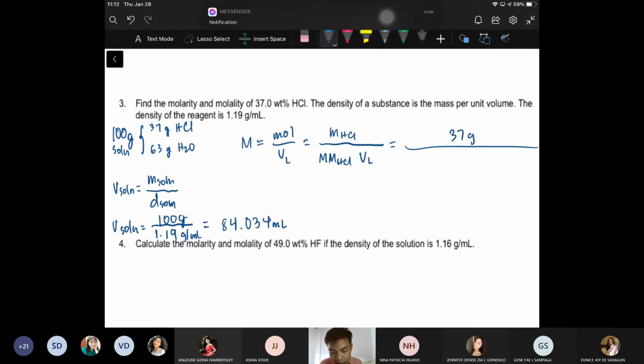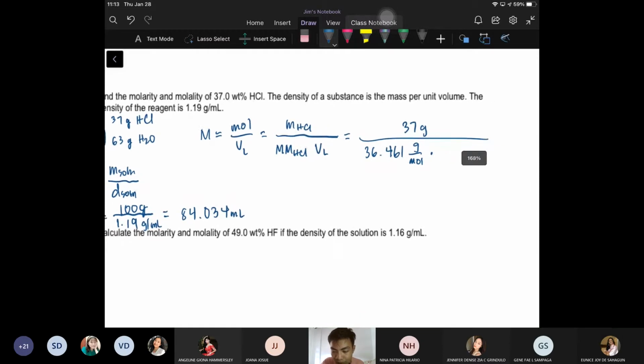So, for hydrogen, that's 1.008. For chlorine, that's 35.453. So the molar mass of HCl is 36.461 gram per mole. And the volume in the solution will be expressed in liters, no?